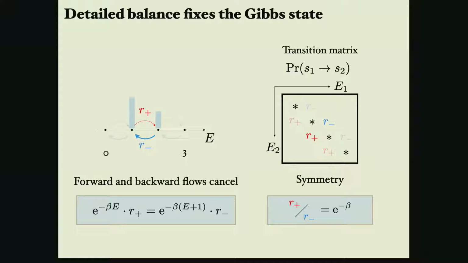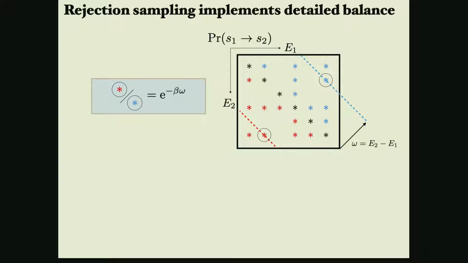Now you ask, this detailed balance seems to be a very delicate condition. How are you going to implement it algorithmically? Because you might start out with some huge configuration space that you don't a priori know what it looks like. How are you going to implement detailed balance efficiently? But there is a solution, a very nice idea called rejection sampling, which is what enables Monte Carlo.